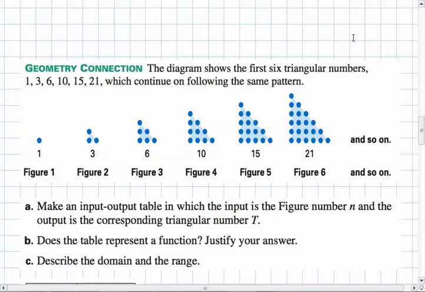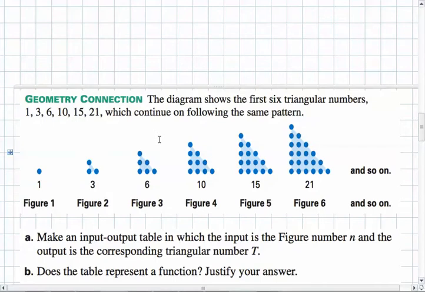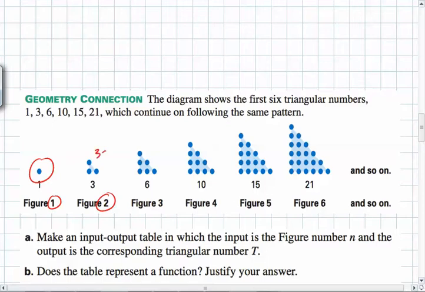Functions can appear all over the place. Here's one place a function will appear. The diagram shows the first 6 triangular numbers, 1, 3, 6, 10, 15, 21, after which continue on following the same pattern. So what you're going to do first is make an input-output table where the input is the figure number and the output is the number of blue dots. So 1 correlates to 1 dot, 2 correlates to 3 dots, and 3 correlates to 6 dots.